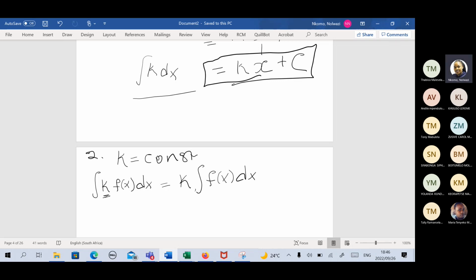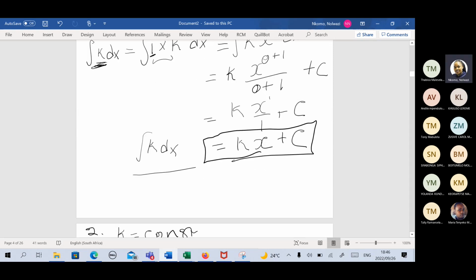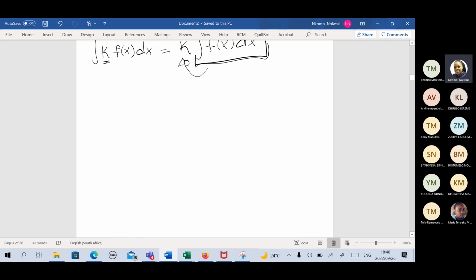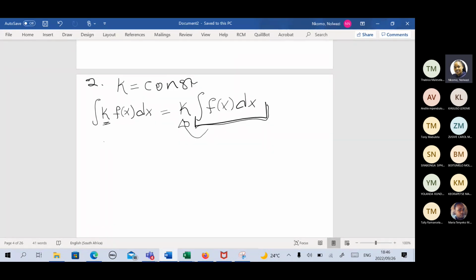Then we do the integration, and the final answer would be the integral times this k. Again, let's say your k is equal to 10 and you are integrating 10x. Then it's safe to take out this 10 before you integrate, right?